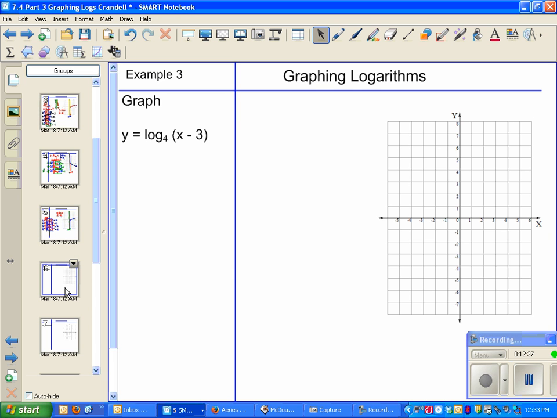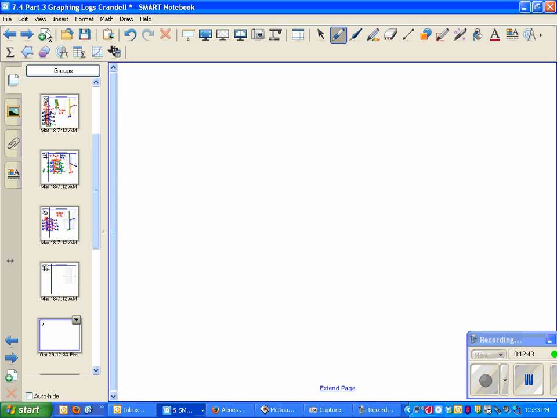All right, so before we do that, let's write this down. Okay. All right, so we have y equals log base b of x minus h.